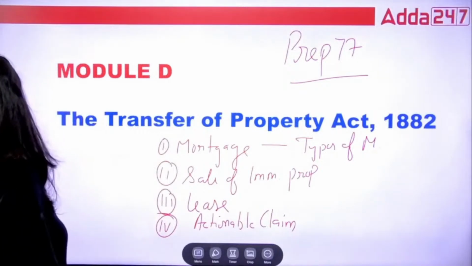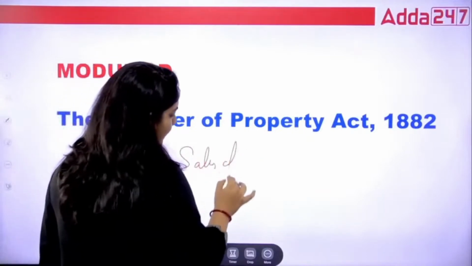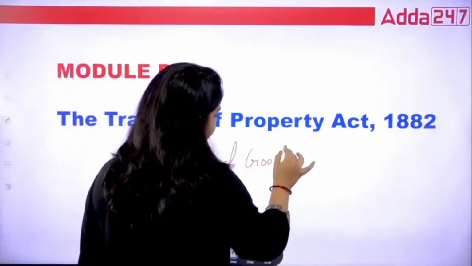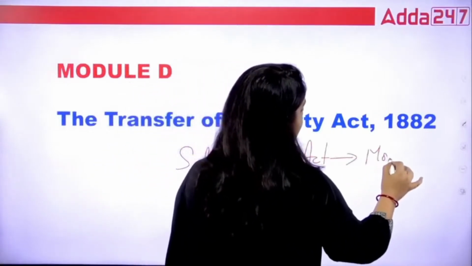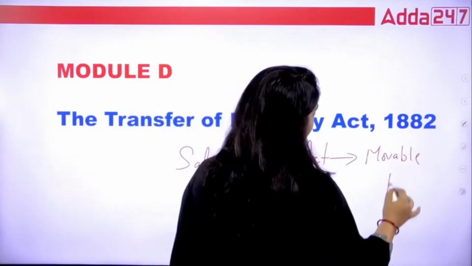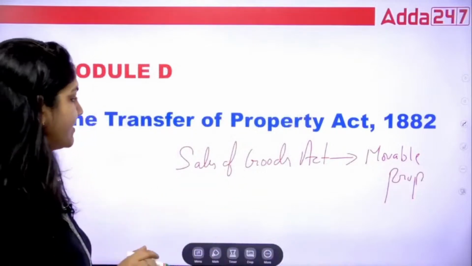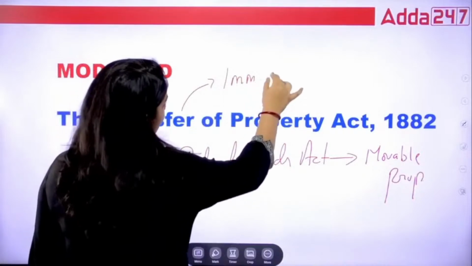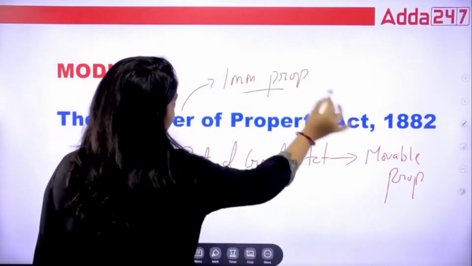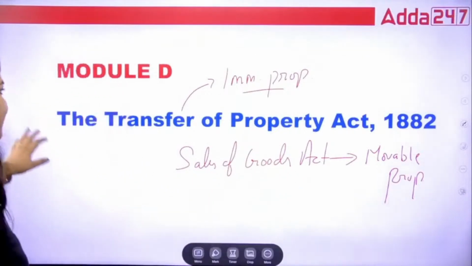As we know, the Sale of Goods Act basically deals with movable property, and this TP Act deals with immovable property. This is very important to understand. Right now, let's start with the definition terms.